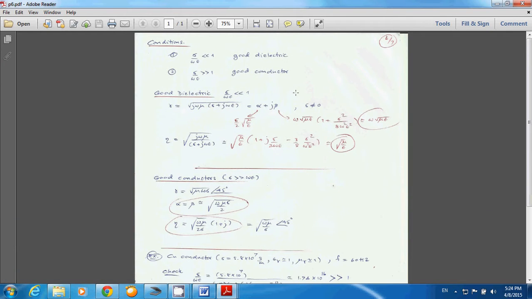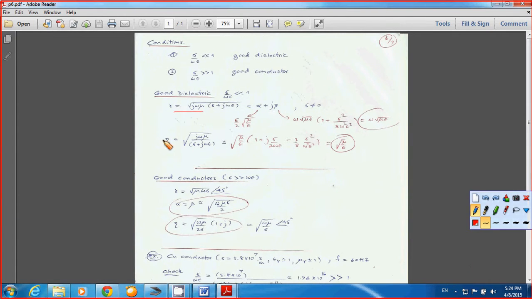Now when we talk about your gamma and your eta, in that case we are talking about sigma equal to 0. It seems to be for the lossless material.